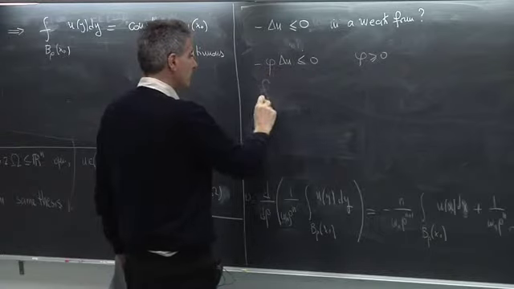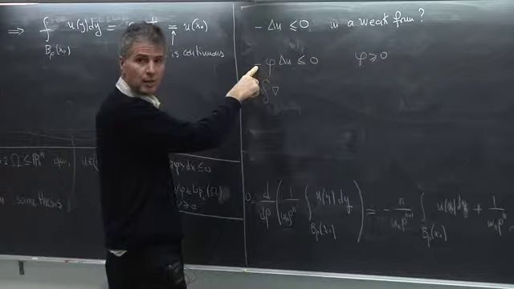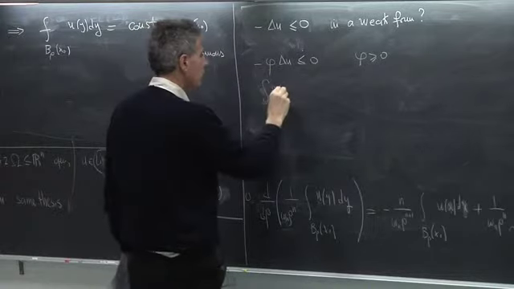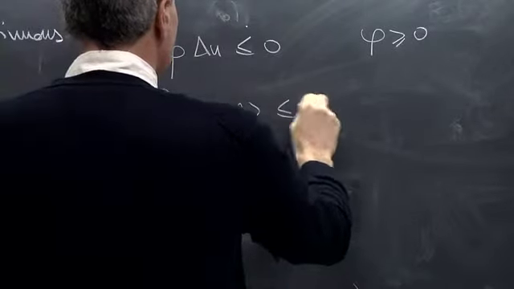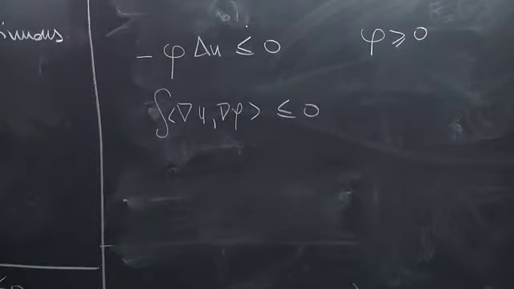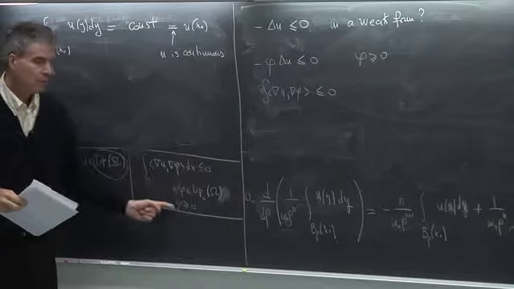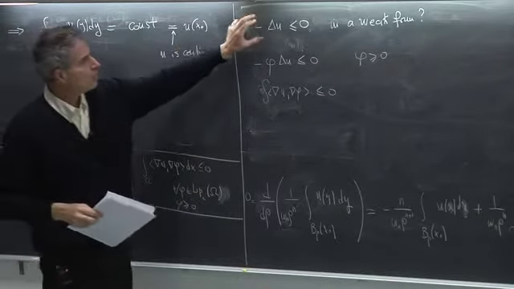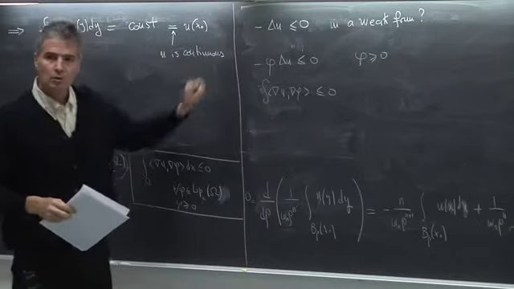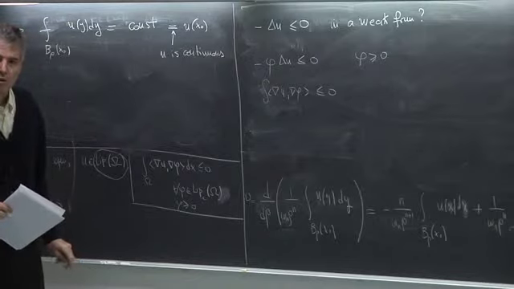Then when I integrate by parts, I have to put a minus in front of this minus, which becomes a plus, and therefore grad u grad phi is less than or equal to 0 for any non-negative phi. This, less than or equal to 0 for any non-negative phi in this class, is the weak formulation of this condition. Do you agree or not?